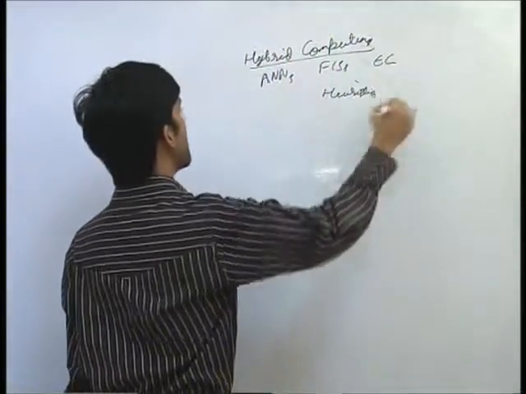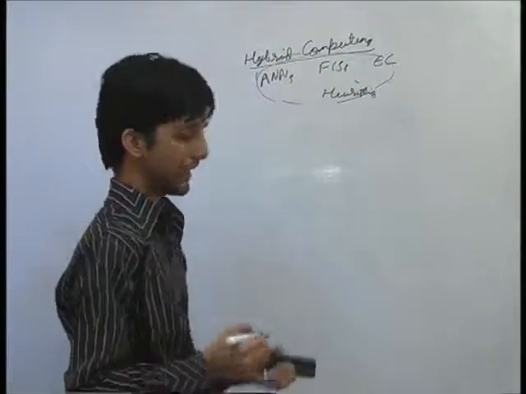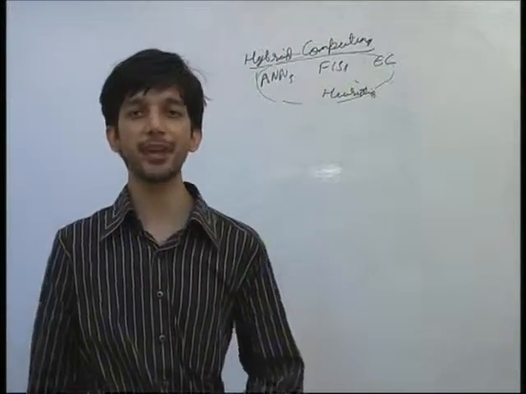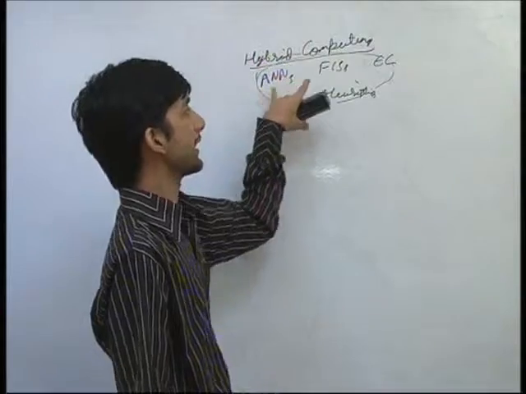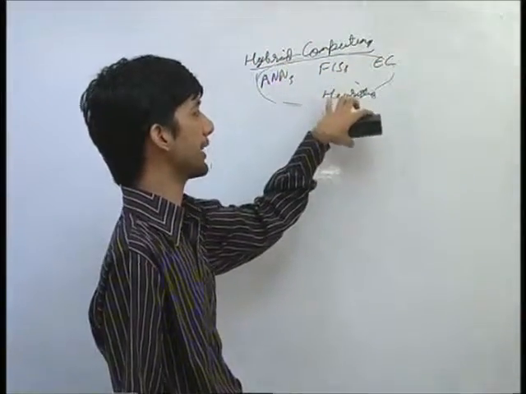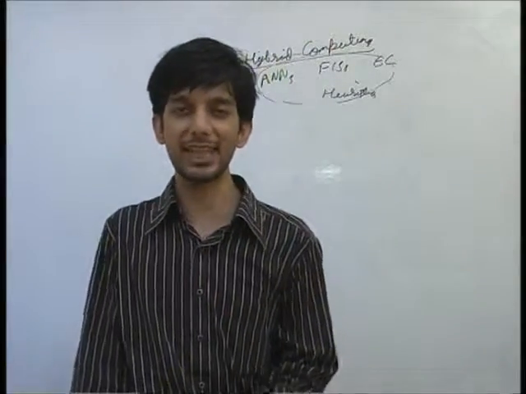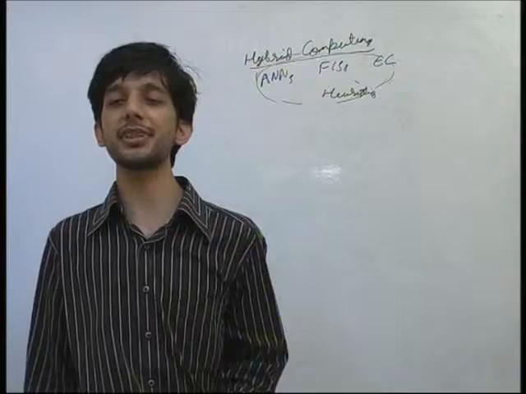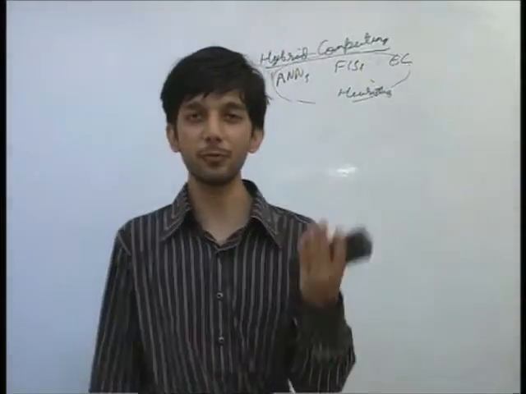We merge all of them to form systems that are able to solve problems much better. So components of ANNs interact with components of fuzzy, components of evolutionary computing, or components of heuristics, or components of themselves, and the limitations get decreased and the advantages get increased.